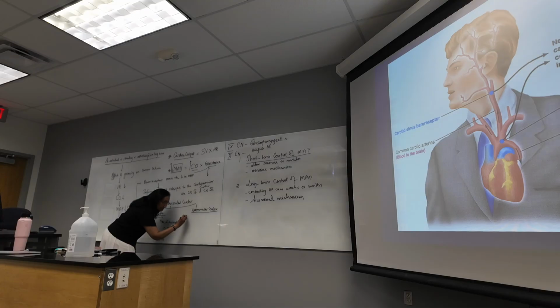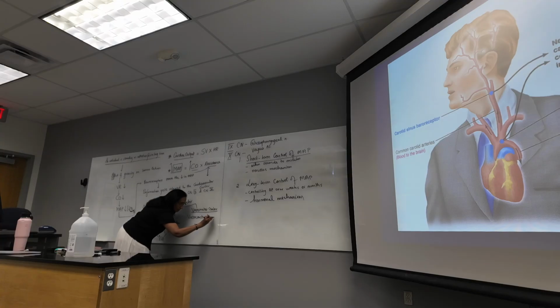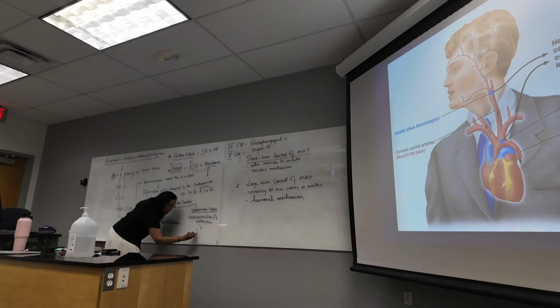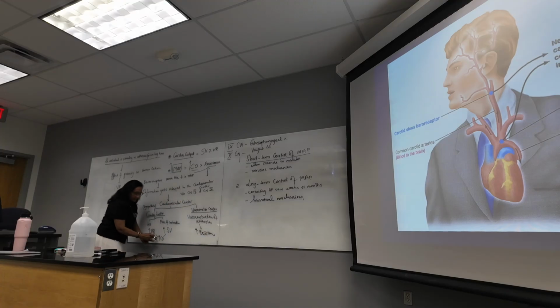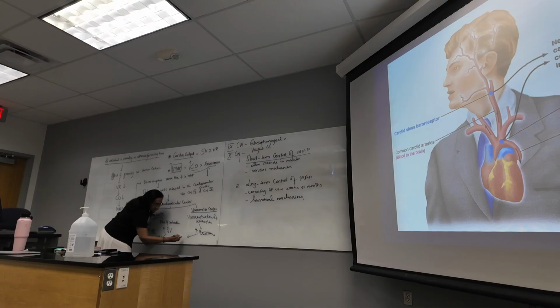So vasomotor center is going to vasoconstrict the arterioles. Once arterioles vasoconstrict, resistance increases. Cardiac output has increased, resistance has increased, so mean arterial pressure increases back to normal.